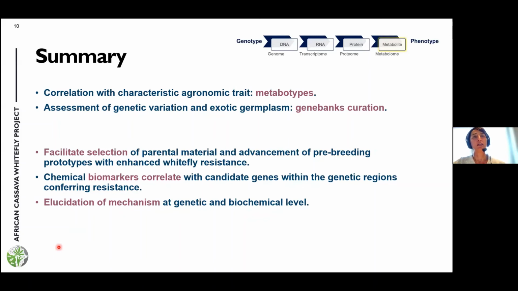It also provides information about potential biomarkers that correlate with the phenotype and the genetic regions that confer resistance, and it contributes to the elucidation of the mechanism at biochemical and genetic level.